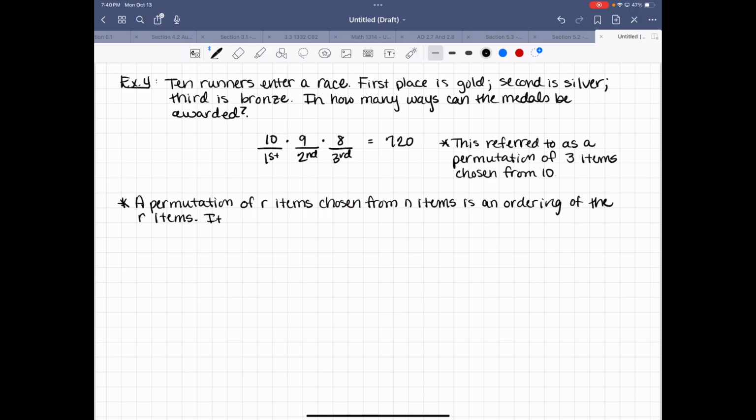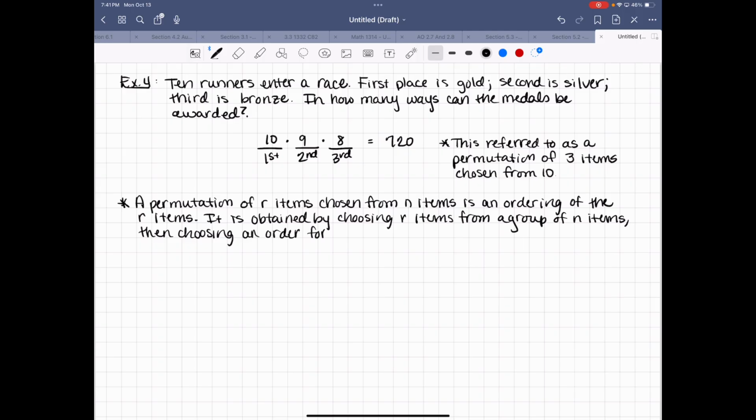It is obtained by choosing R items from a group of N items, then choosing an order for the R items. Okay?